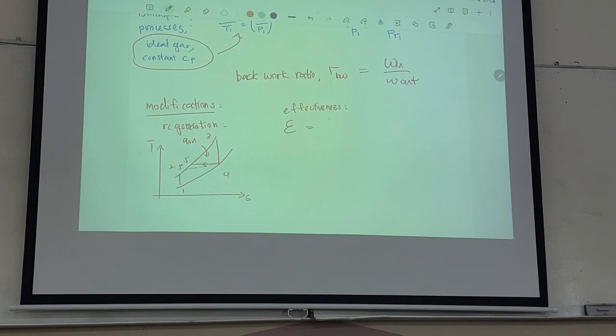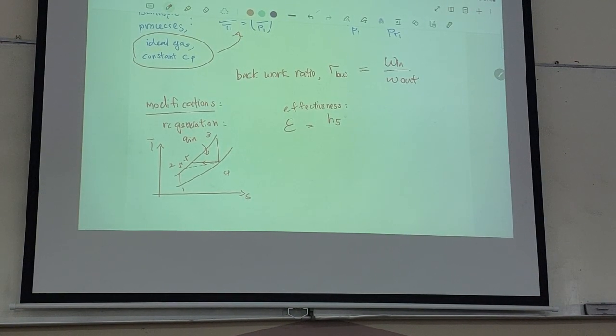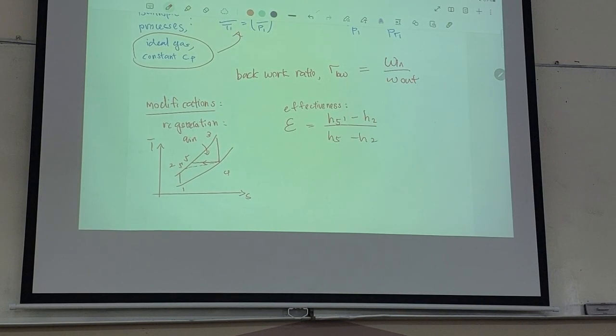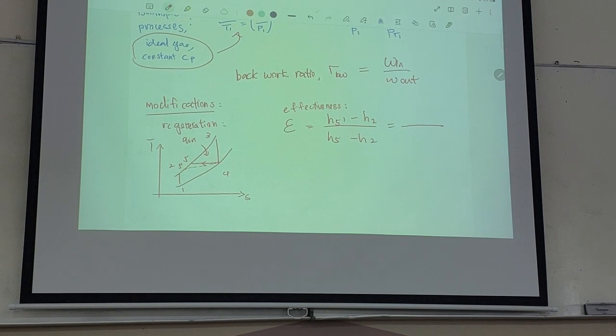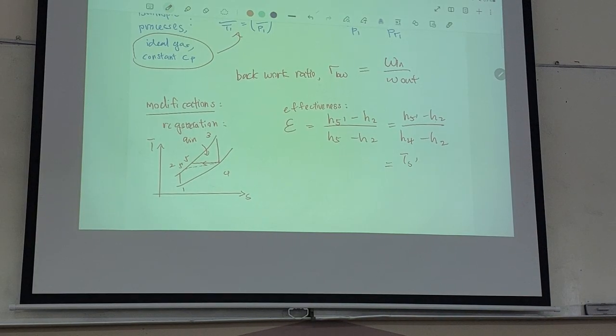So this will be just H5 prime minus H2 over H5 minus H2. And we know that for air or for gas, temperature is the one that decides everything. So if temperature never changes, this is actually the same form. For constant specific heat, you also can say this is just this one.